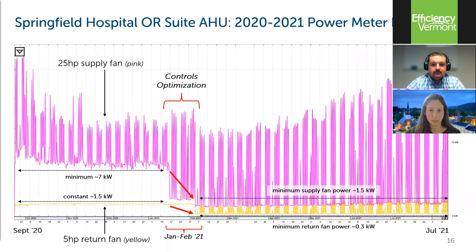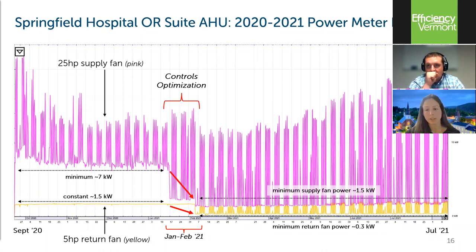not varying speed whatsoever. In roughly mid-January to early February, that's when the hospital made all those changes, working with Control Tech, their engineer and their balancing contractor to replace the pneumatic controls on the VAVs and adjust control set points to reduce the OR's air exchange rate during unoccupied times.